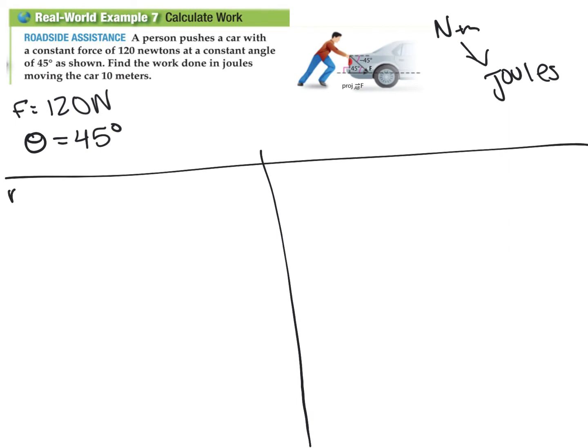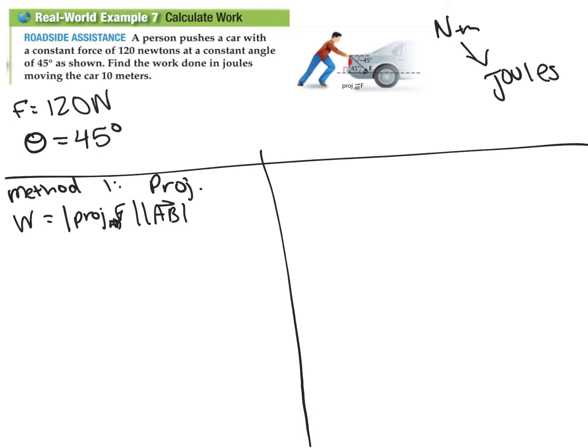So method one is using the projection formula. By the projection formula, we've got the magnitude of the projection of F onto AB. So W equals the magnitude of the projection onto AB times our vector AB. That's using the projection formula.